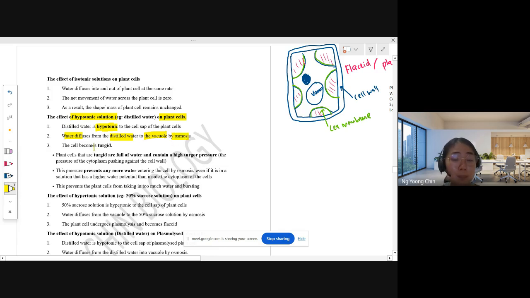So the plant cell will become turgid. A turgid plant cell contains a lot of water and has a very high turgor pressure, which prevents more water entering by osmosis.